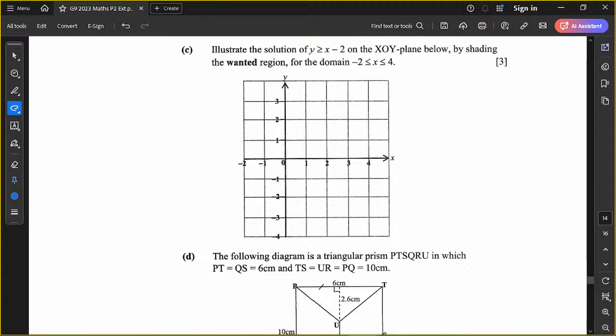Please, let's continue solving this one. We come to this one, let me reduce the size of the pen. Okay, so question 7C is as follows.